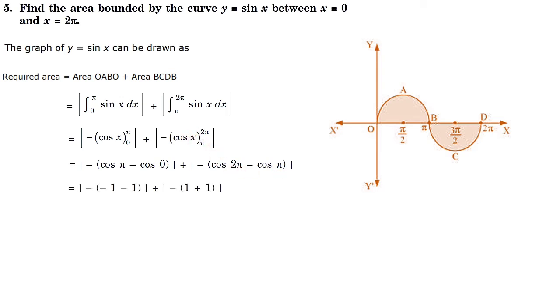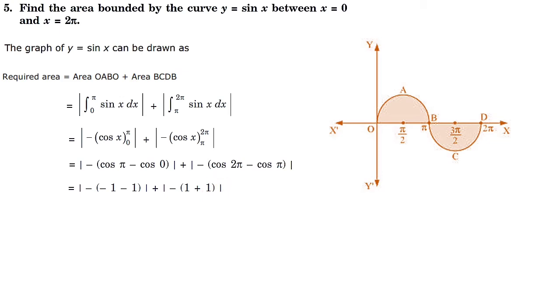That is equal to the modulus of, minus is outside, cos pi value is cos 180, that is minus 1, minus cos 0 value is 1, plus, modulus with minus outside, then cos 2 pi value is 1, then minus cos pi is minus 1. Cos pi is minus 1 means there is already a minus sign here, so minus and minus join together and become plus 1.